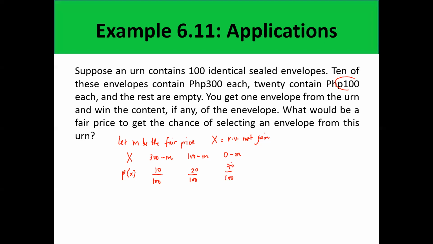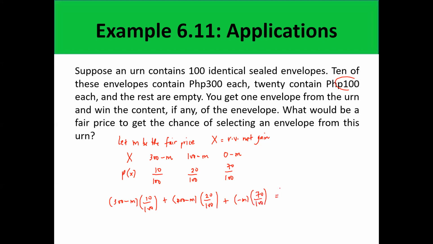So in order for us to solve for the value of M, we shall use the property of the probability distribution function. In that case, we can multiply each value of x by its corresponding probability. So we have 300 minus M times 10 over 100, plus 100 minus M multiplied by 20 over 100, plus 0 minus M, or negative M, times 70 over 100.